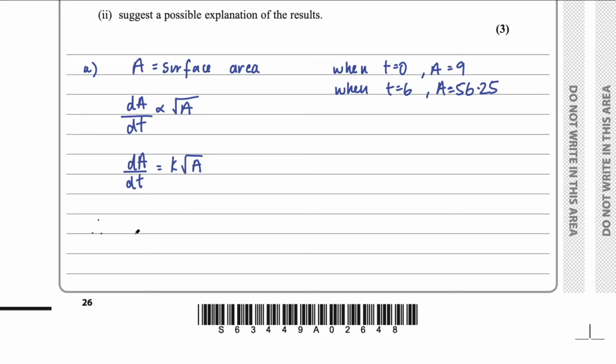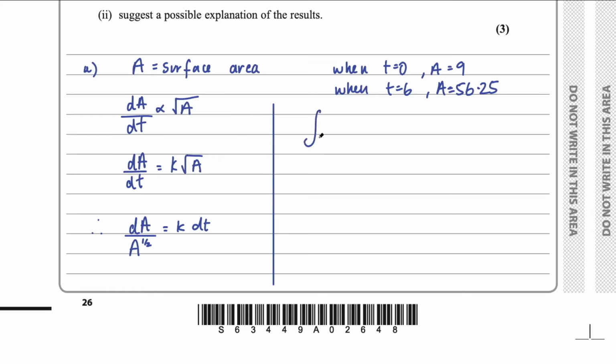can end up with this equation, dA on the square root of A, which I might write as A to the power of a half, which is the same thing as the square root. This is equal to k dt. So I've rearranged that equation by multiplying and dividing. Next, what we want to do is take the integral of both sides.